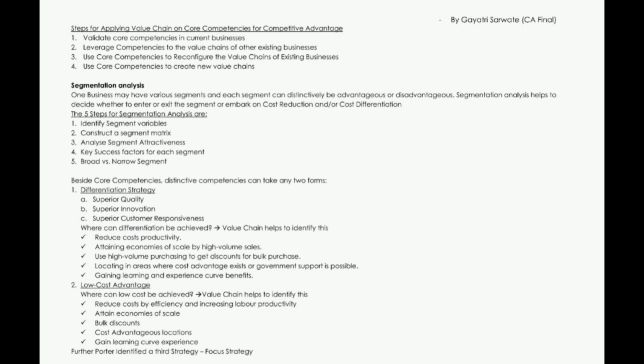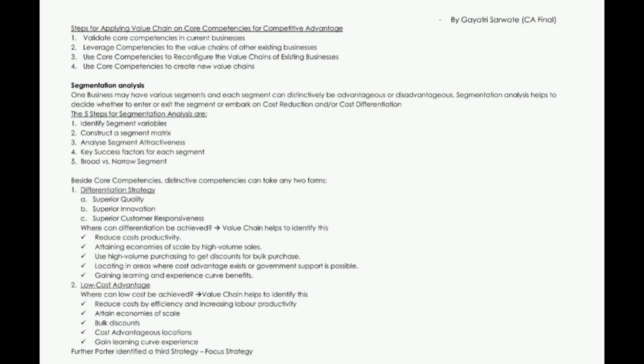We can use cheaper materials, cheaper resources, reducing labor costs and increasing the productivity. Or attaining economies of scale by high volume sales. Use high volume purchasing to get bulk discount. Locating in areas where cost advantage exists or government support is possible. Gaining learning and experience curve benefits.